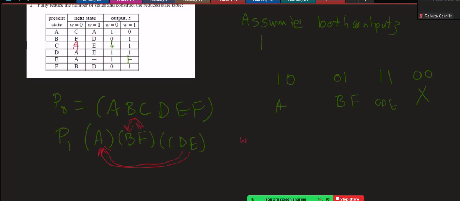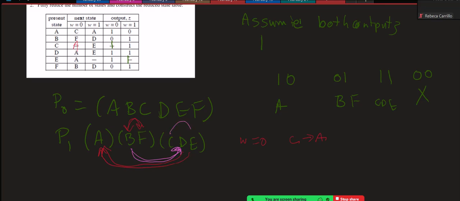So for W equals 0, I decided that C would go to A. I could have chosen something different, but that would make my life harder. Now let's look at W equals 1. B goes to D, and F also goes to D. All right, so those are still good.